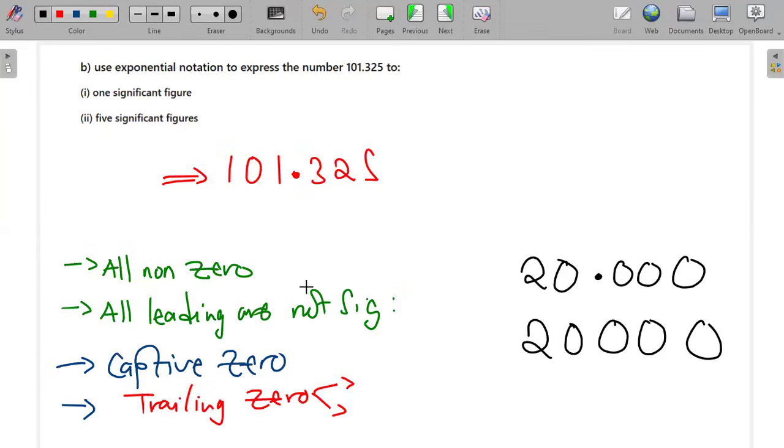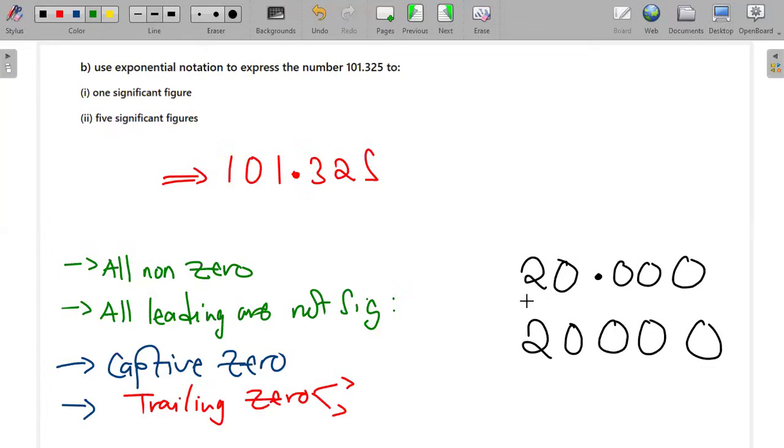Trailing zeros are the zeros that come after a non-zero digit. You can see there's 2 and then the zeros, and here again, there's 2 and then the zeros. These trailing zeros can either be significant or non-significant. They are only significant if there's a presence of a decimal point.